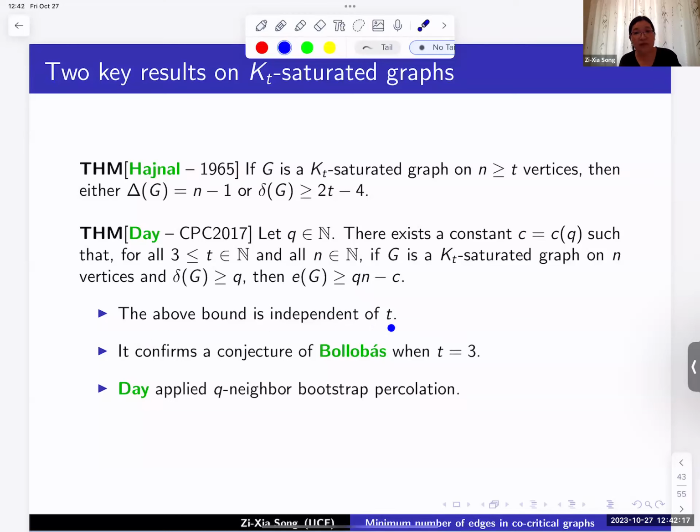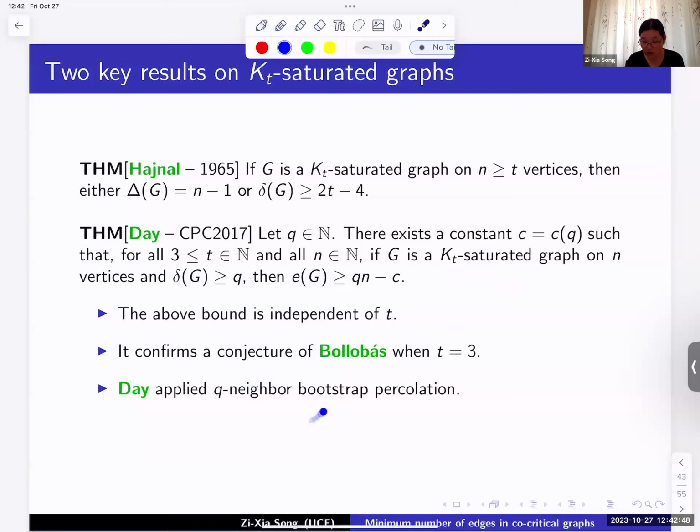It's independent of t. This question was actually asked by Bollobás. His proof is very nice. He applied a q-neighbor bootstrap percolation to K_t saturated graphs. We can solve K_t-T_k co-critical graphs and prove the lower bound because we used his idea, but our red graph may not be K_t saturated, so we applied it to a graph which is not necessarily K_t saturated.